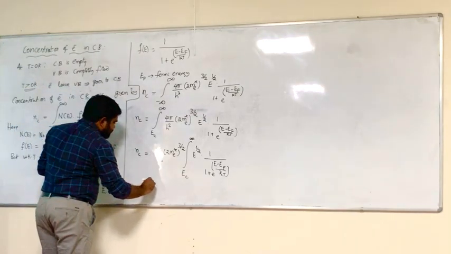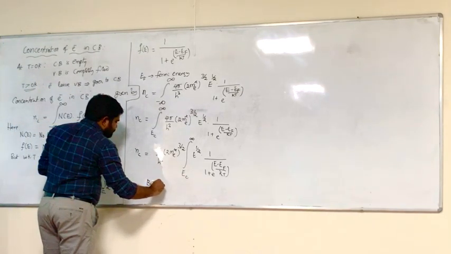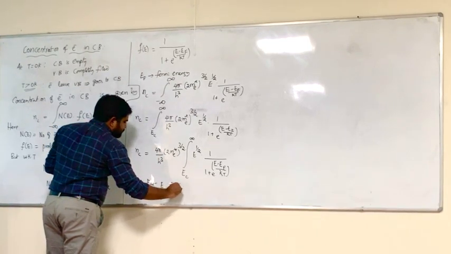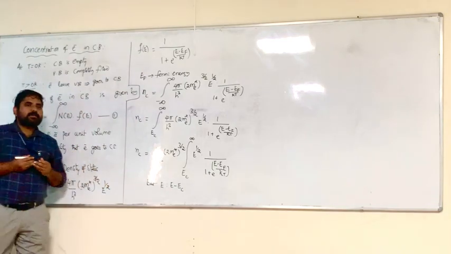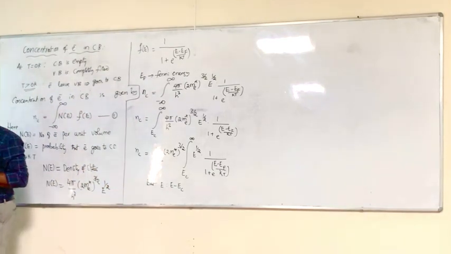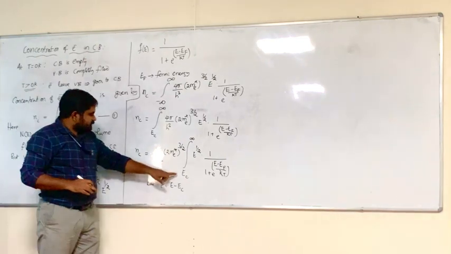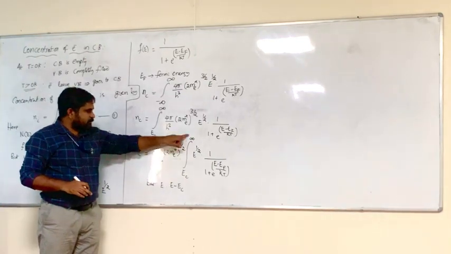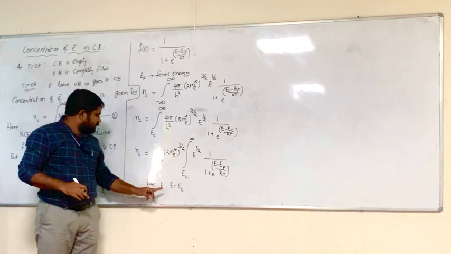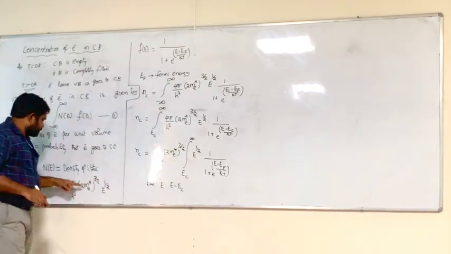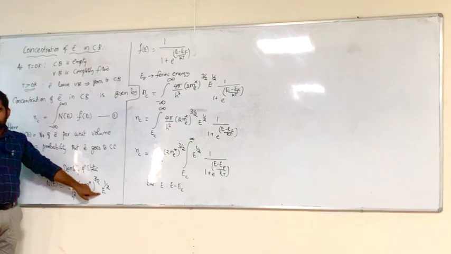But what is your energy here? You are not interested in all the energies. We are interested in only E minus EC. Again, for the same reason, because I changed the limits to EC to infinity; it is the general expression for an electron state with the energy.